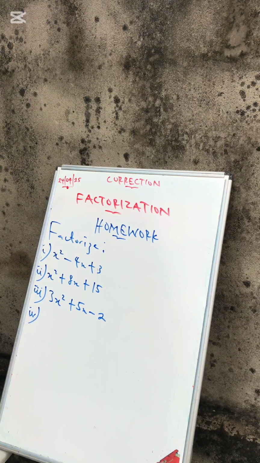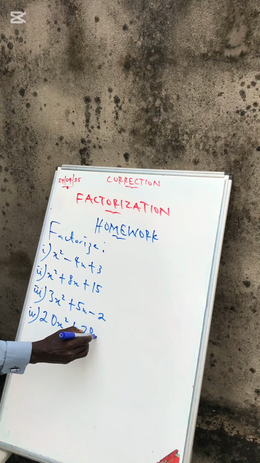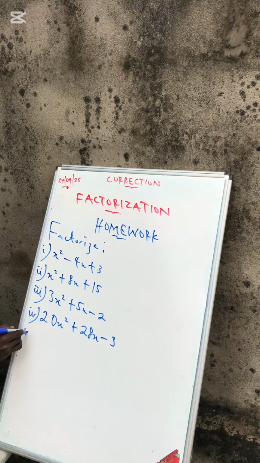Figure 4. Let's go. 20x squared plus 28x minus 3. 3 plus 4x minus 4x squared.